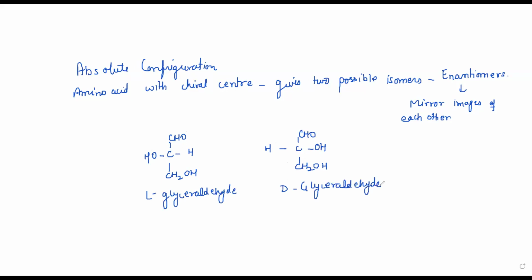So these are two isomers. They are called enantiomers. In glyceraldehyde, they have two enantiomers, and this describes the exact spatial orientation of all the four substituents. So this is called the absolute configuration. So we can see D and L refer to the absolute configuration of the glyceraldehyde.